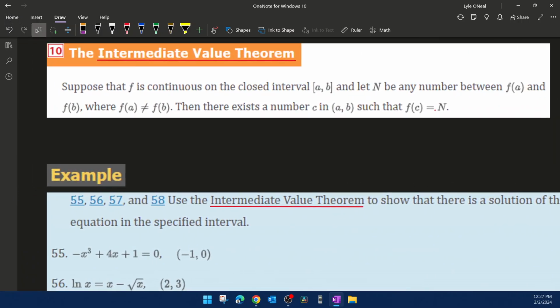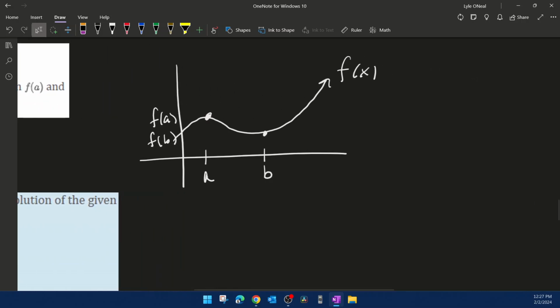What the intermediate value theorem says is that there will be some number n between f of a and f of b, such that there will be a c on the interval from a to b such that the function value of c will equal the n that you choose, provided that you choose an n, a number between f of a and f of b.